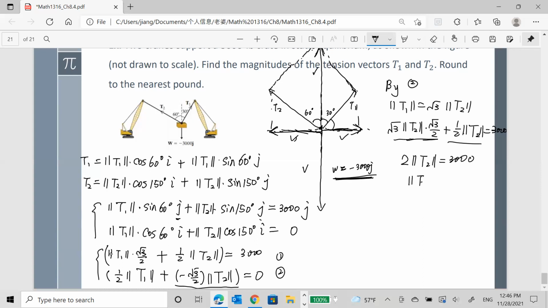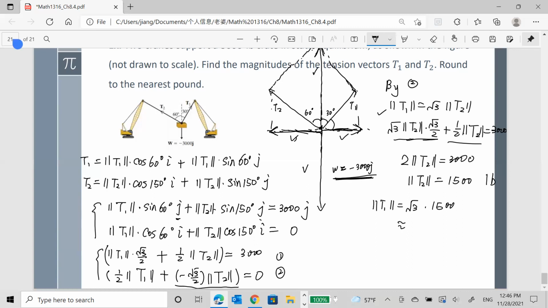So the magnitude of T2 equals 1,500. 1,500, not 1,000. So the unit is pound. How about the magnitude of T1? So we know the relationship between T1, T2. So the magnitude of T1 equals square root of 3 times 1,500.